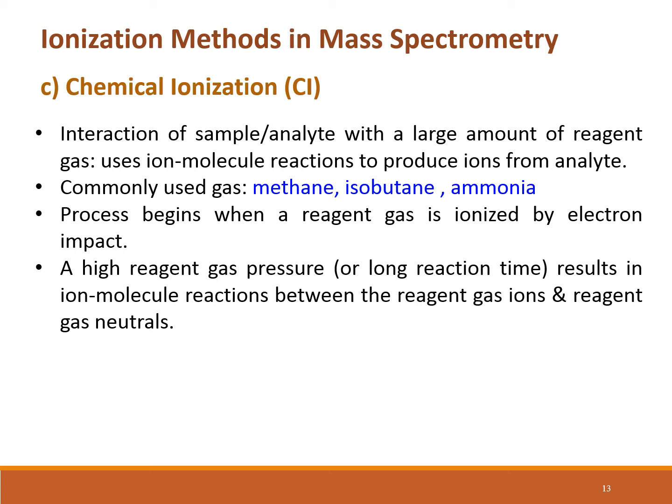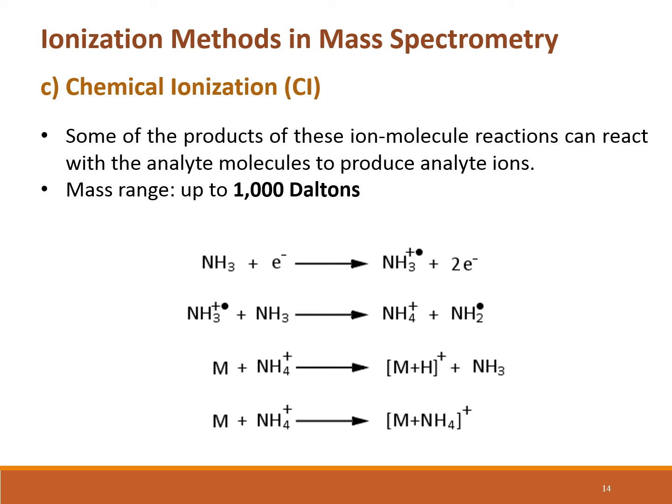A high reagent gas pressure or a longer reaction time results in ion molecule reactions between the reagent gas molecules and reagent gas neutrals. In chemical ionization, some of the products of these ion molecule reactions can react with the analyte molecules to produce analyte ions. It is suitable for small molecular weight samples such as ammonia. So you can refer to the chemical ionization of ammonia as below. The mass range is up to 1000 daltons.